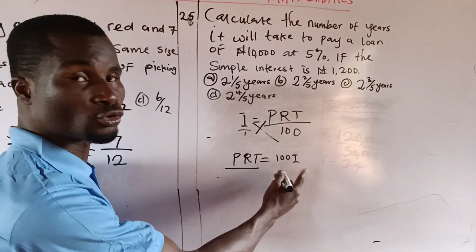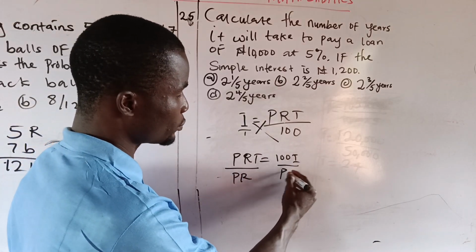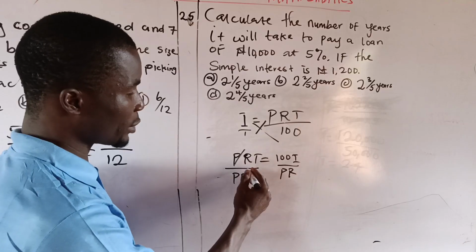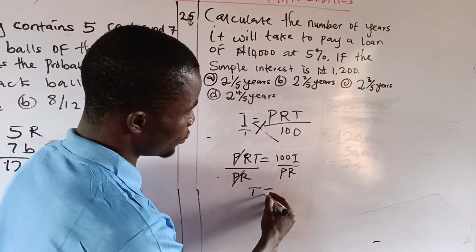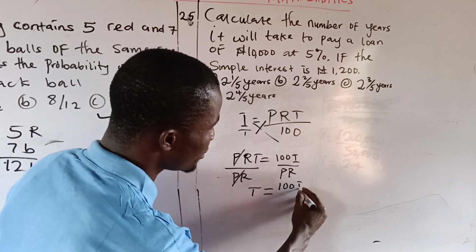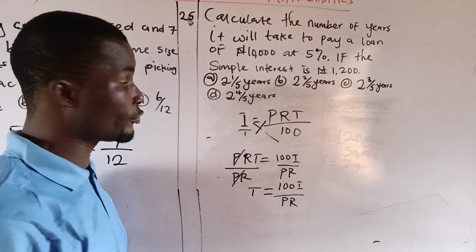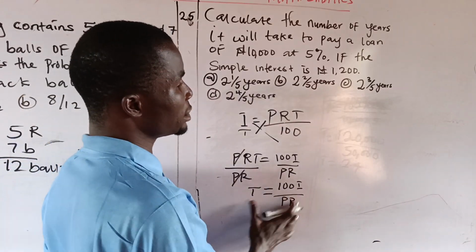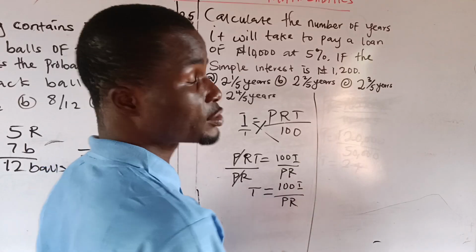We are dividing all through by PR. So PR will cancel PR, and we are left with T. So our T will be 100I over PR. Are we following?